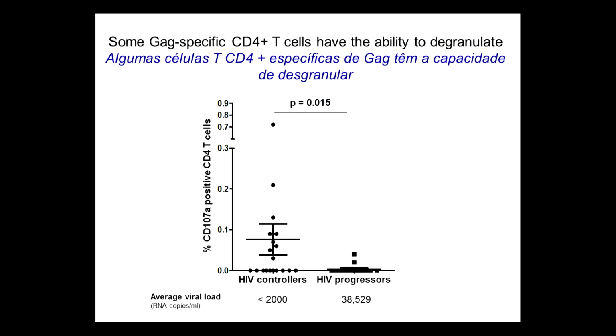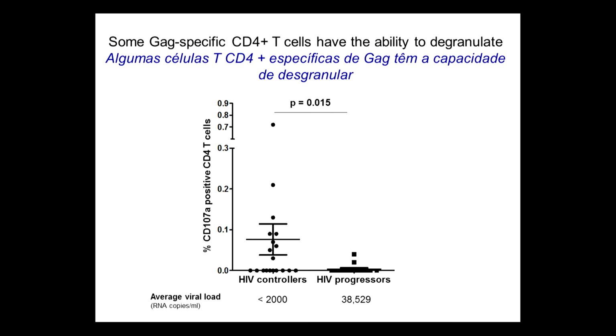And we found that the GAG-specific responses show more ability to degranulate upon antigen recognition compared to HIV progressors. So this means, theoretically, that the HIV-specific GAG responses in those individuals have the ability to directly kill infected cells; they are cytotoxic, cytolytic.